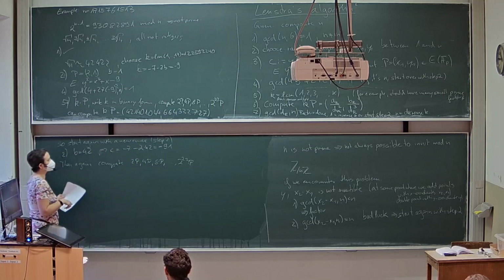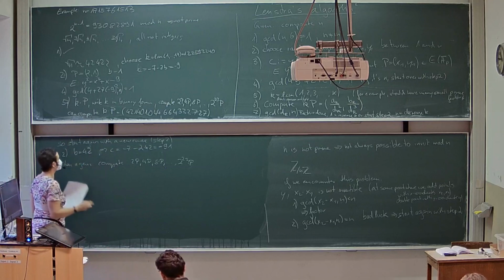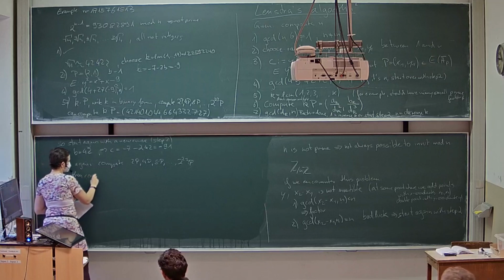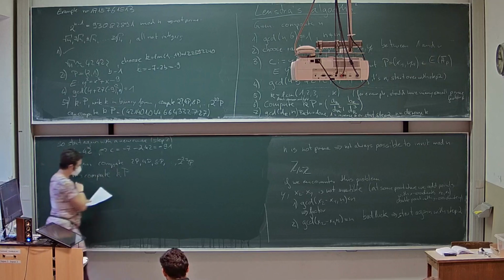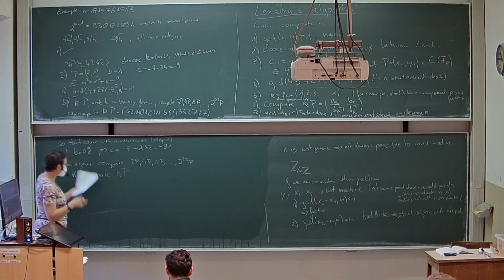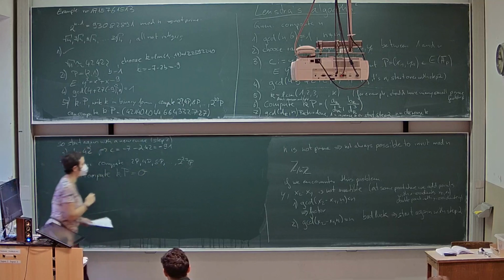So the addition formula is different, but the modulus is the same. Then we compute k times p. And now we get that this is the point at infinity.